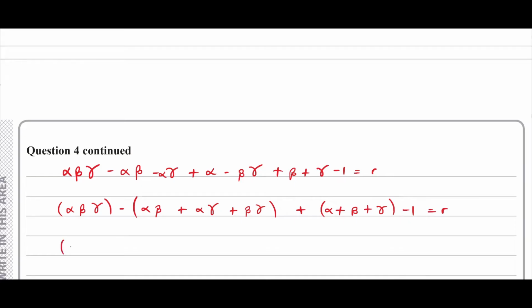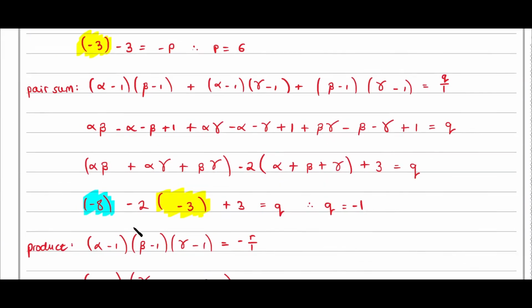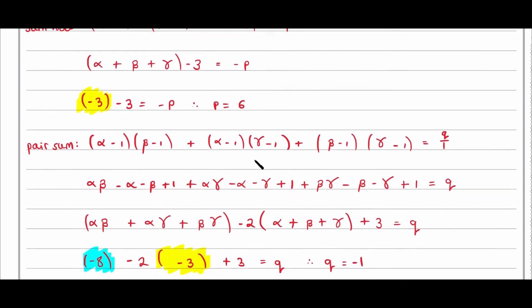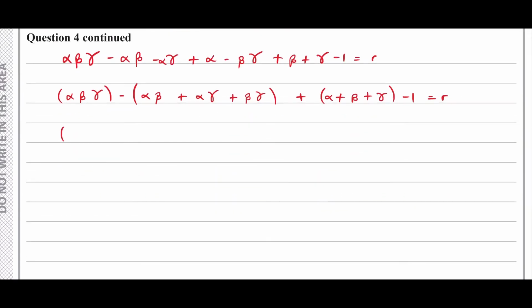Now alpha beta gamma, we found that to be minus 6, so let's just highlight this. So we have minus 6 minus, now we found alpha beta plus alpha gamma plus beta gamma to be minus 8, and alpha plus beta plus gamma, we found that to be minus 3.